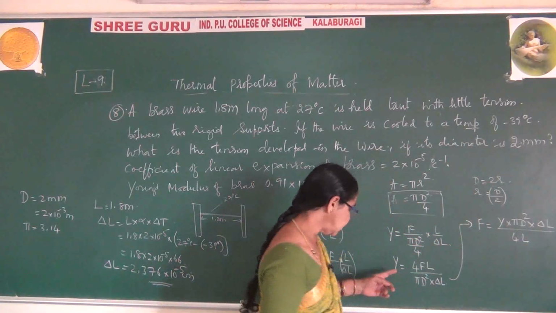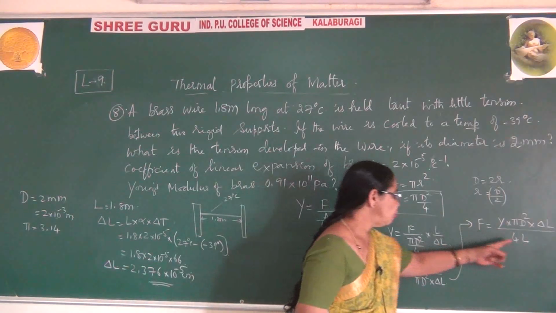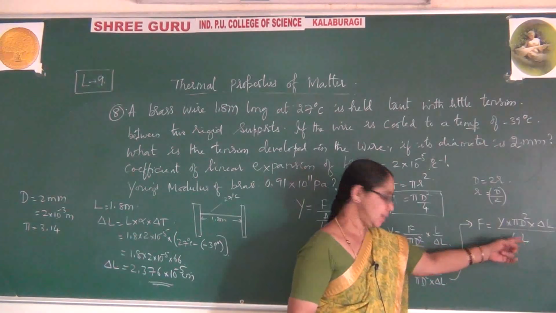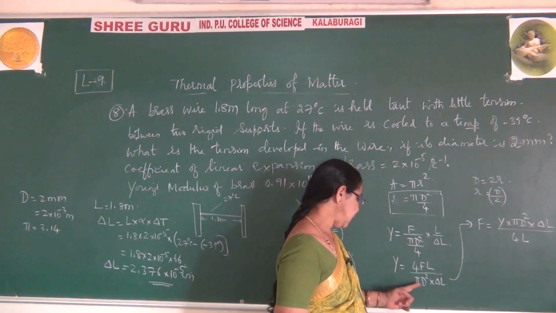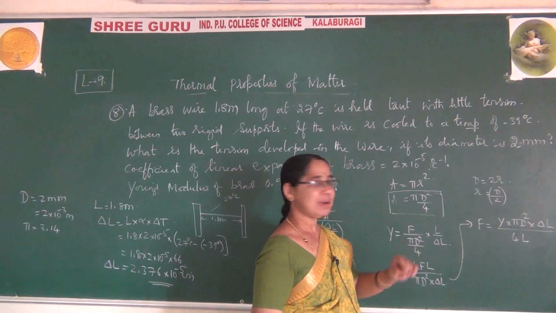Hope you understood this. Remember, it is 4FL equals Y into pi into d square into delta L. So this is the one formula we have.